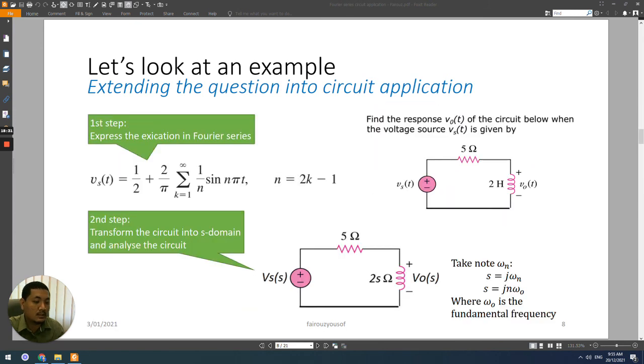Using the same circuit we can get the power as well. For example, we are calculating the V out, so we can do the same thing to calculate the I through the inductor, and by multiplying VDC IDC plus 1 over 2 summation of Vn In cos of the voltage angle minus the current angle, we can get the average power of the inductor, using this equation.